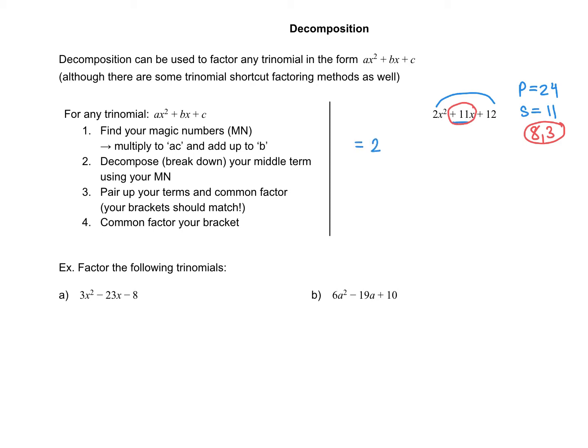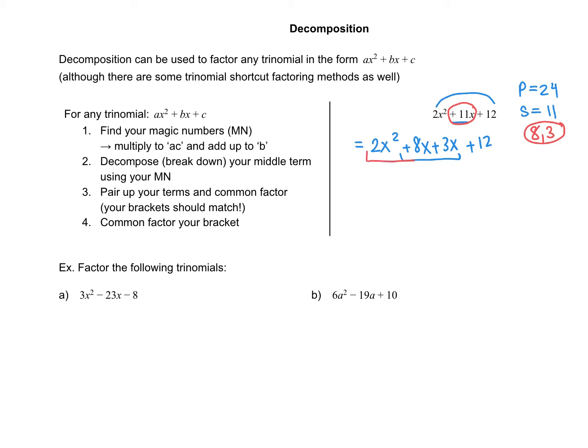So we will write 2x squared because we're not changing that, but instead of writing 11x, we're going to write plus 8x plus 3x and then the plus 12 at the end. So those middle terms that we just added in, technically 8x plus 3x is 11x, but me decomposing it or splitting it off into those two magic numbers gives me 4 terms, which means I can now group.